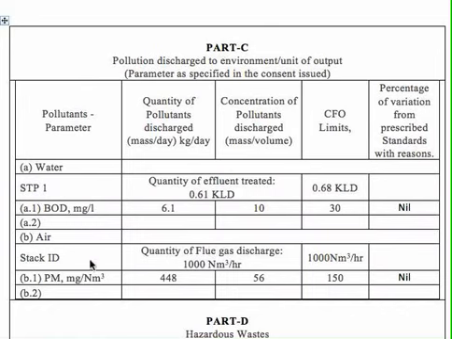Coming to the stacks, here we have to enter the quantity of flue gas that is discharged. This is there in your test certificates, which you can retrieve and enter here.